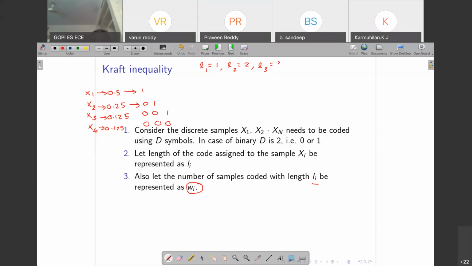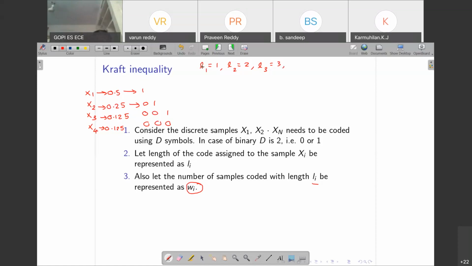So we actually have two different notations to represent the data representation we have here. One is in terms of L, and the other one is in terms of W. So what is the equality here?